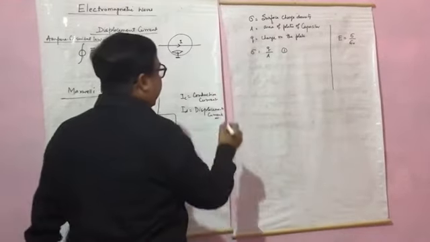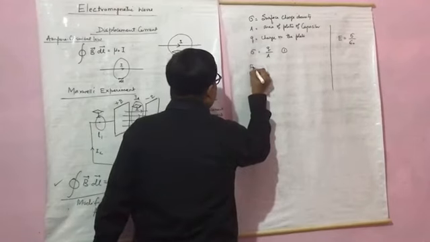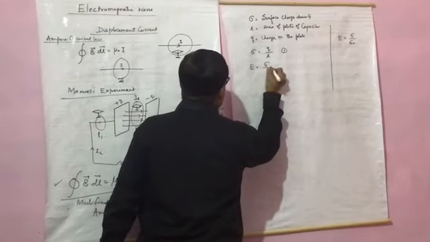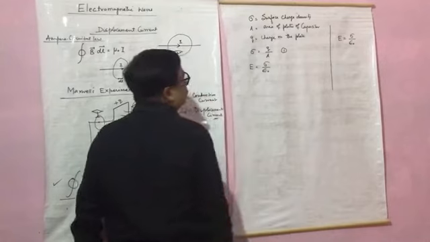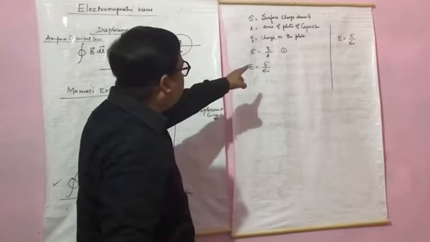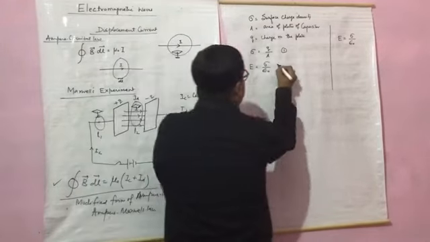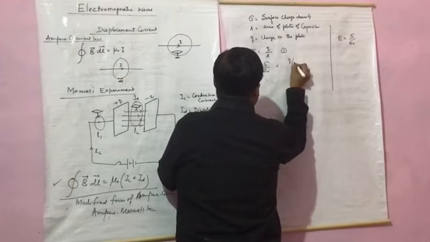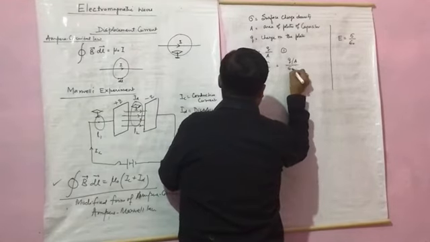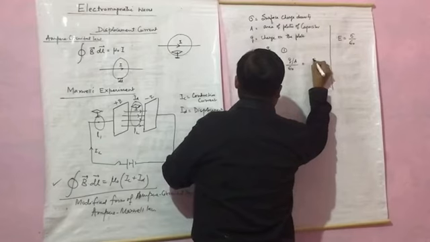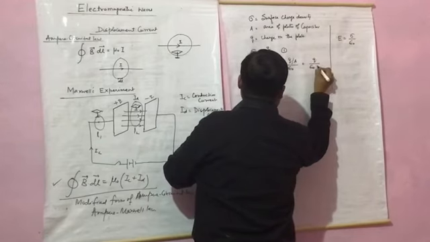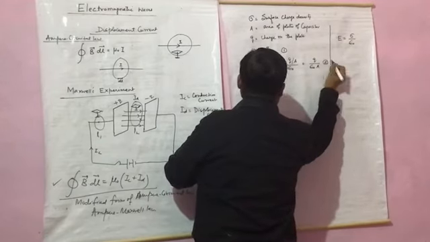So E is equal to sigma by epsilon naught. Now the value of sigma can be substituted, then this is Q by A upon epsilon naught, or we can write it as Q by epsilon naught A. This is equation 2.